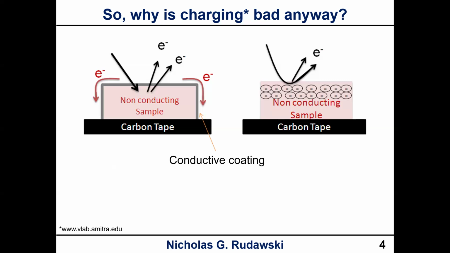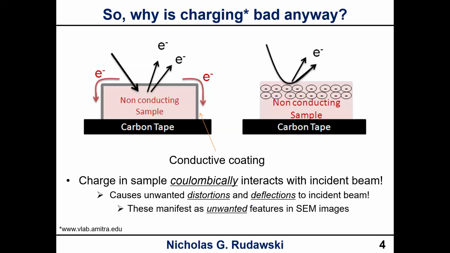and the electrons in my beam are, of course, themselves charged. So what happens is you get Coulombic interactions between the beam and the sample. And this is not good because this will change the trajectory of your electrons, it will deflect them, it will introduce changes in the beam shape. And so this is a problem.